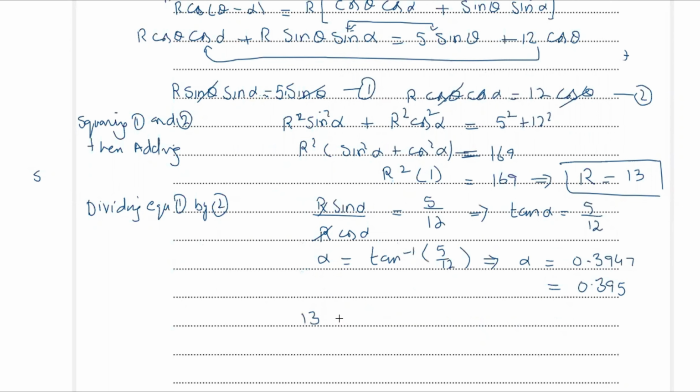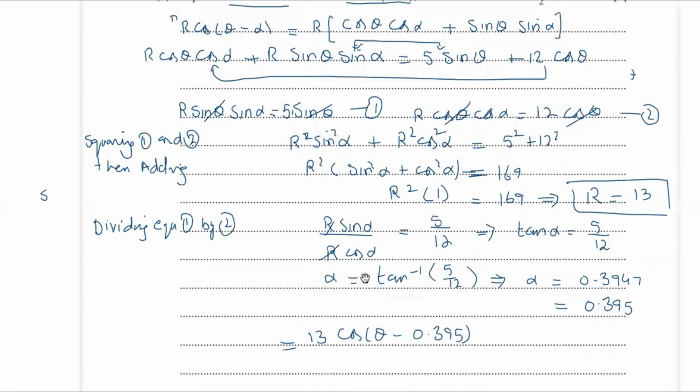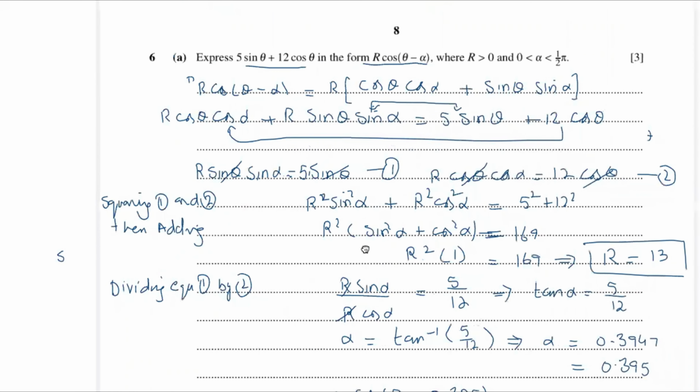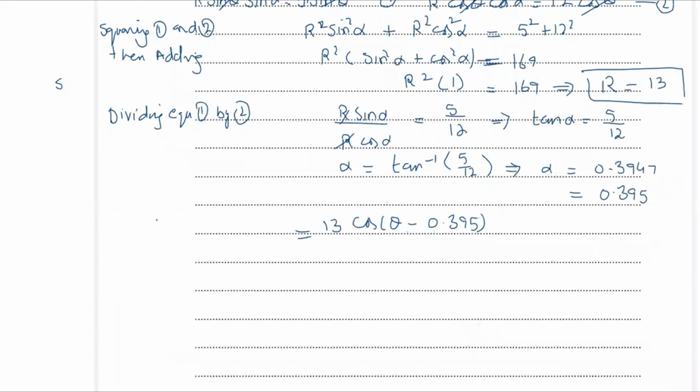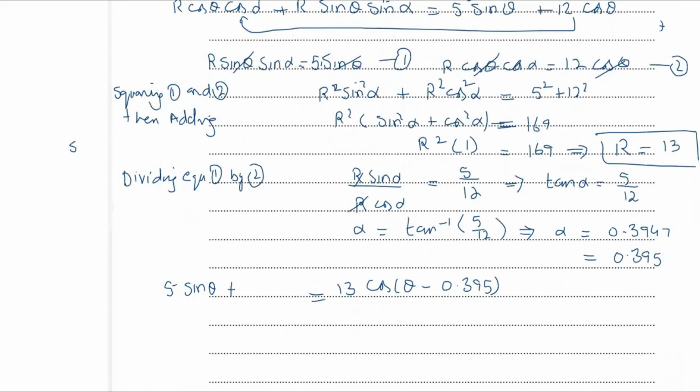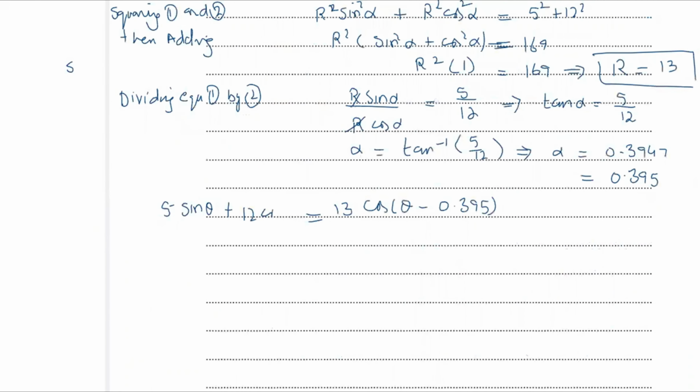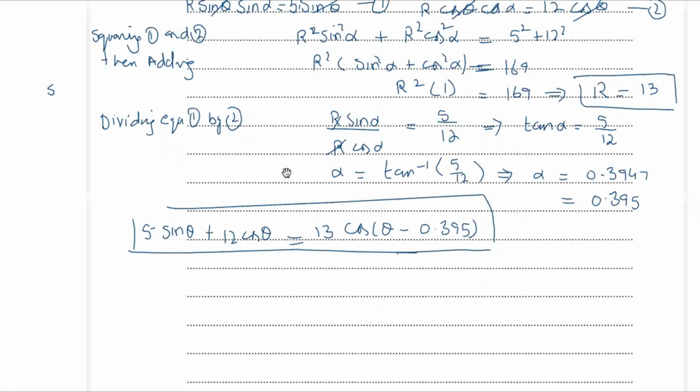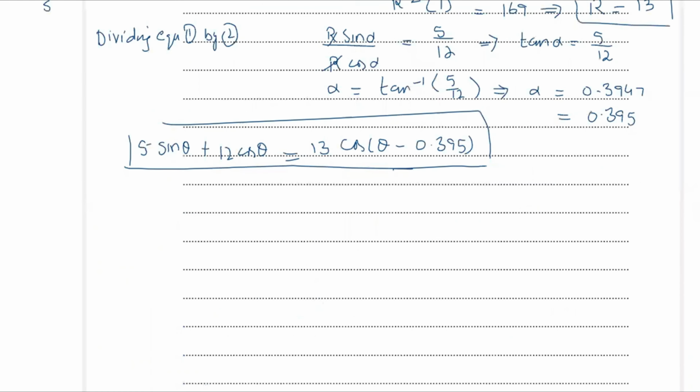We can write 13 cos theta minus 0.395 equal to 5 sine theta plus 12 cos theta. And this is the expression in terms of R cos theta minus alpha. This is alpha, this is R. Now we move to the next part of this question.